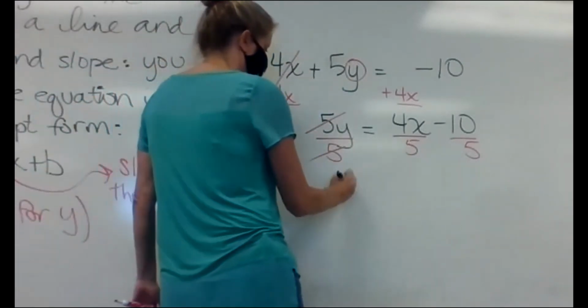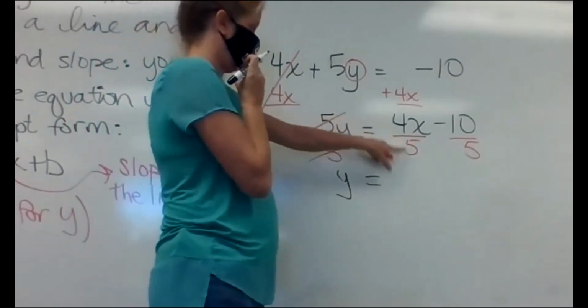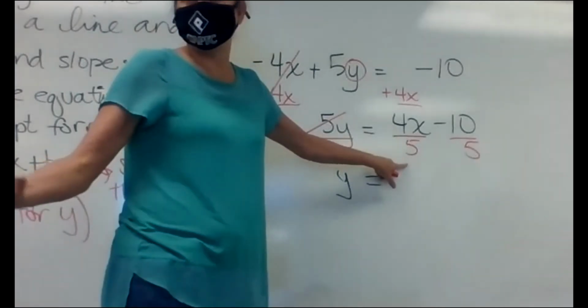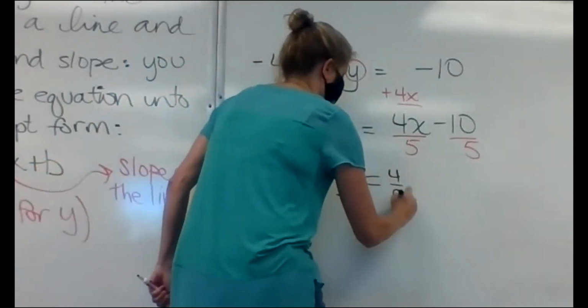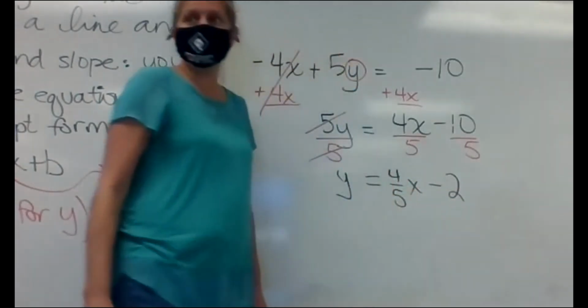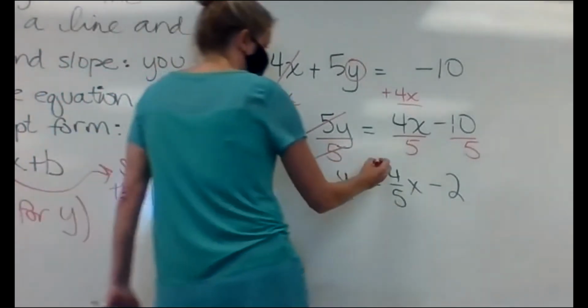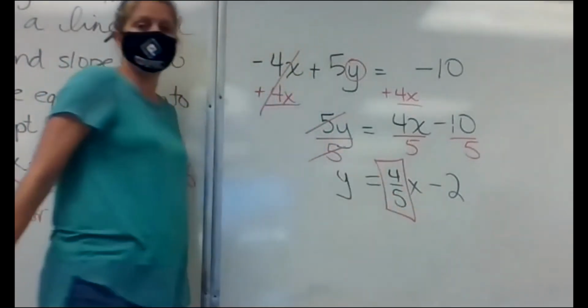So my y is by itself. Let's see, what do I have on the other side? What's going to be in front of the x? 4 over 5, this doesn't reduce. Minus 10 over 5, which is 2. What's the number hooked on to the x? 4/5.